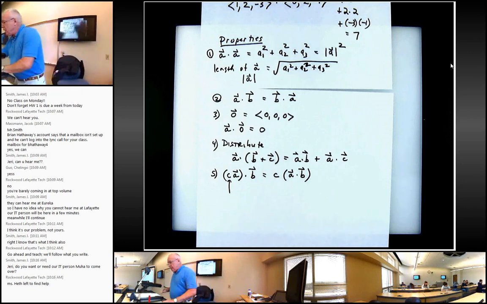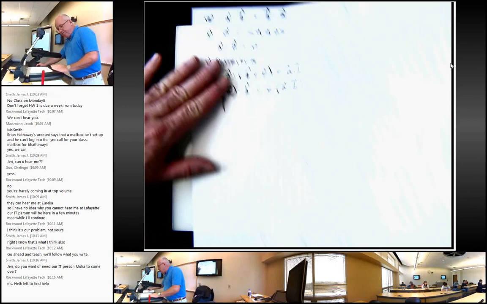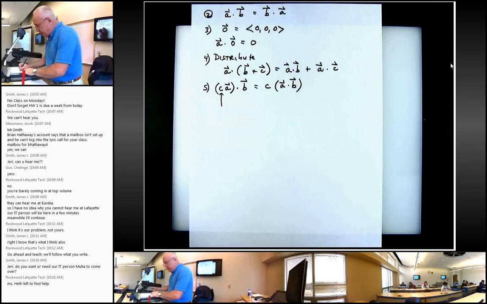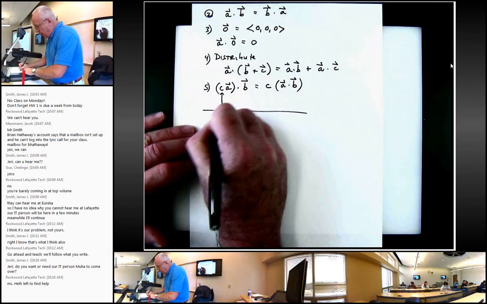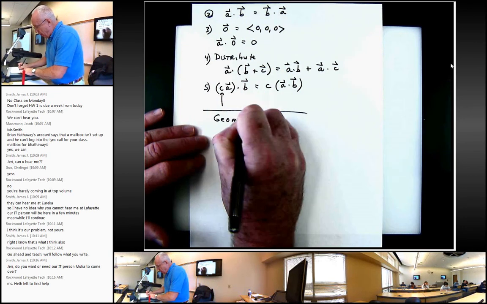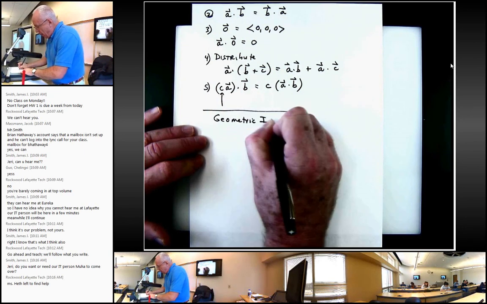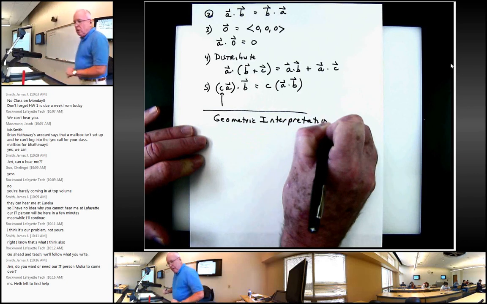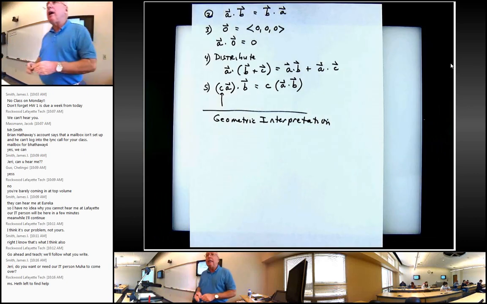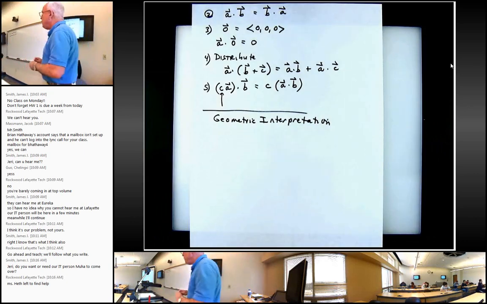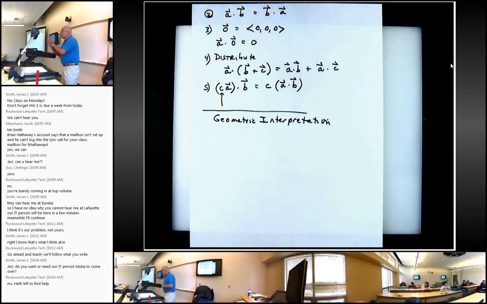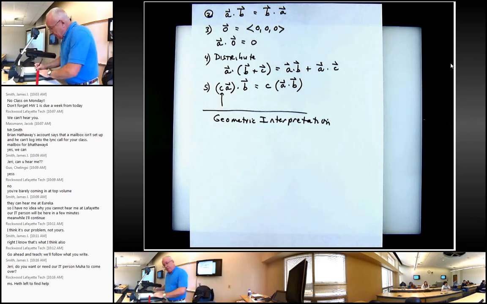Now, this is an algebraic interpretation of the dot product, where we talk about multiplying components together and adding them up. There's also a geometric interpretation of the dot product. What the dot product can provide us with, and this can be very helpful, is the angle between two vectors.